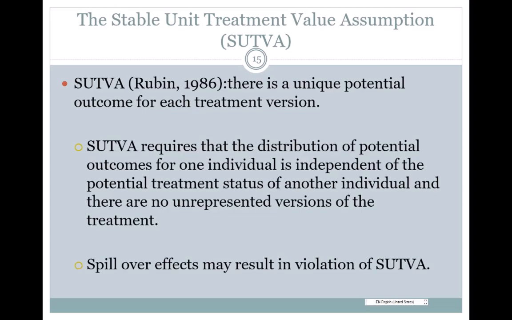So you can see it's a clear violation of SUTVA because it creates a third potential outcome from an unobserved version of the treatment. A student in the treatment group doing homework with someone in the control group is a spillover effect. Okay, so that's an example of a violation of SUTVA.